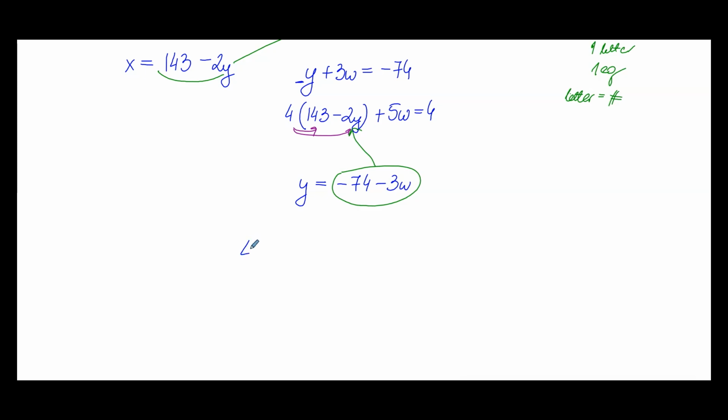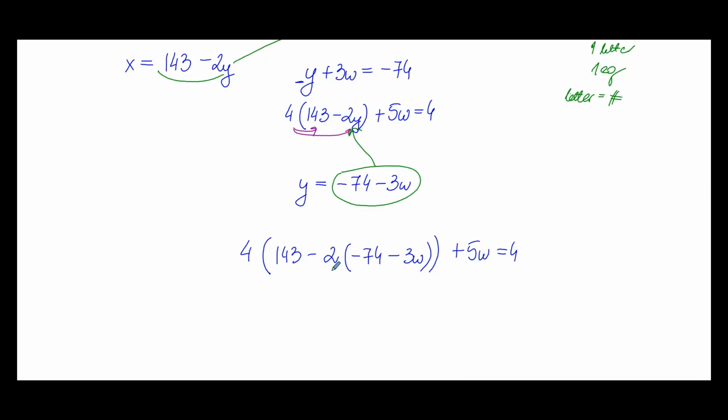Therefore, we have 4 bracket 143 minus 2, and instead of y, we put minus 74 minus 3w. Close bracket plus 5w equals 4. And as you can see, we now have 1 letter, 1 equation, and therefore we are going to do letter equals number.